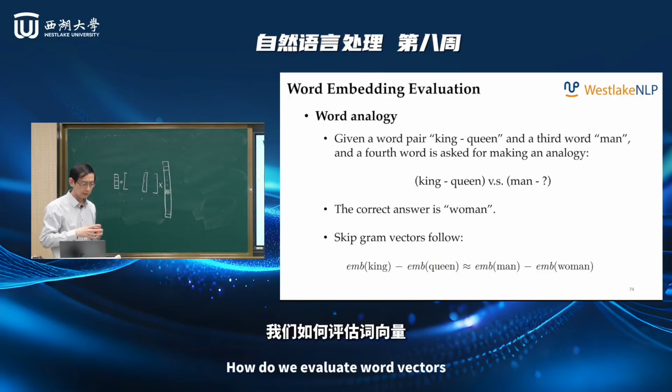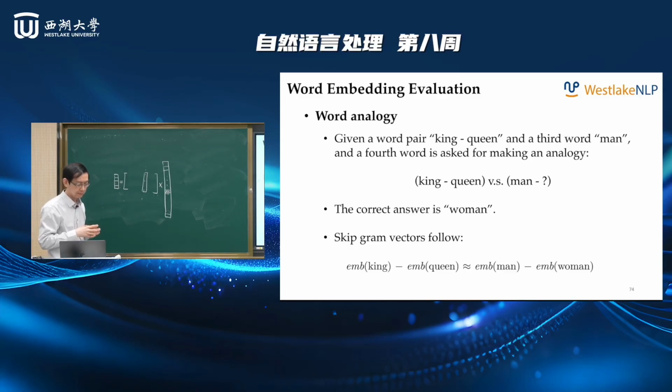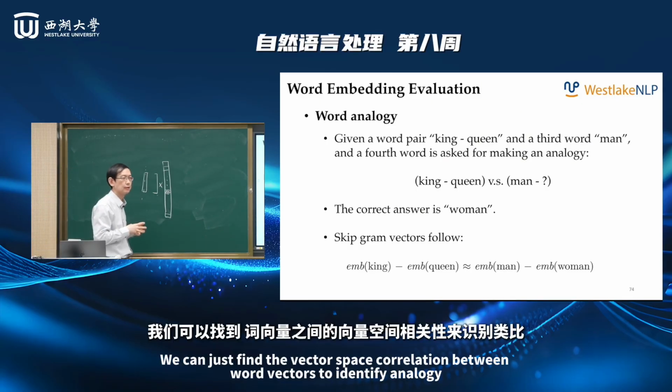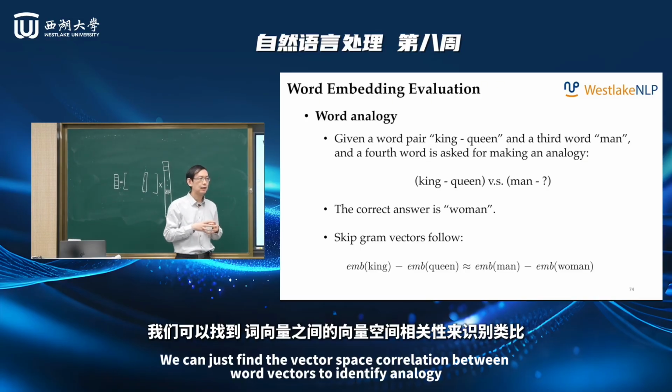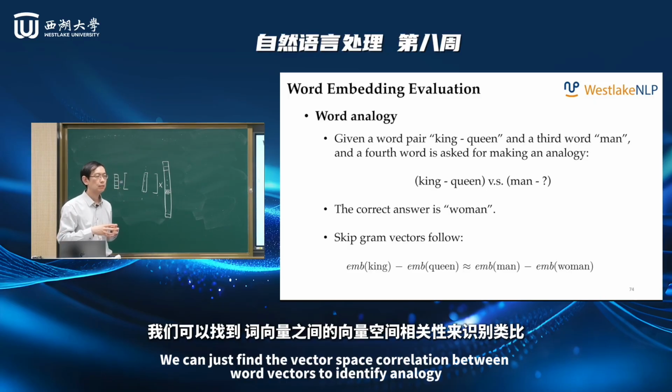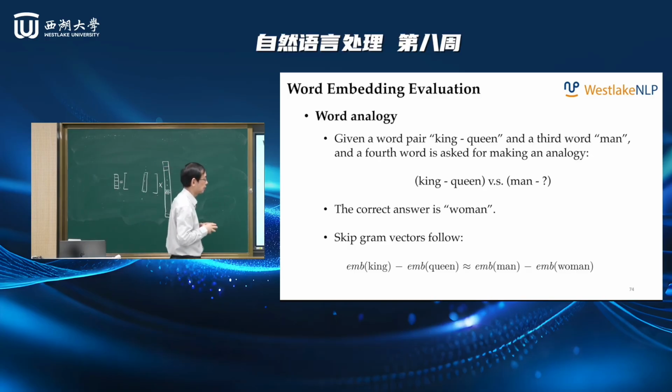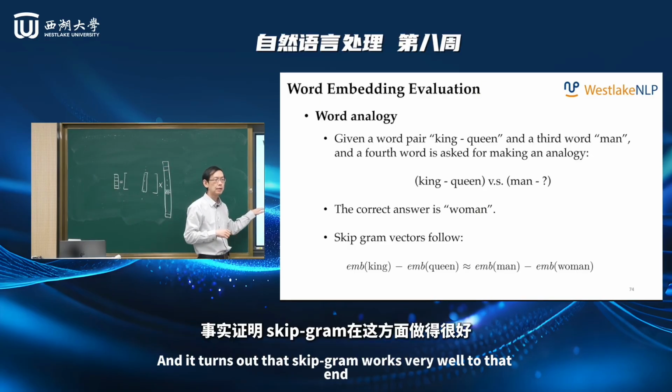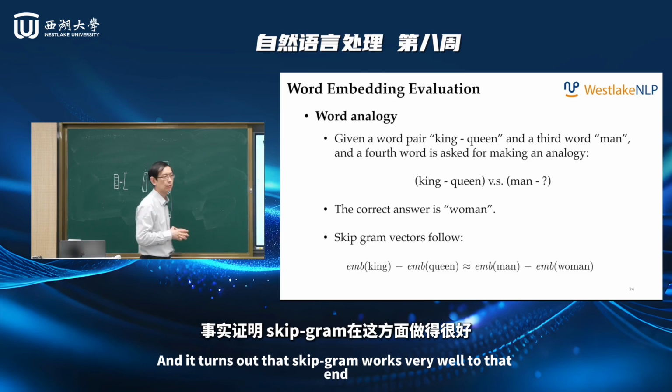How do we evaluate word vectors? We can just find the vector space correlation between word vectors to identify analogy. And it turns out that skipgram works very well to that end.